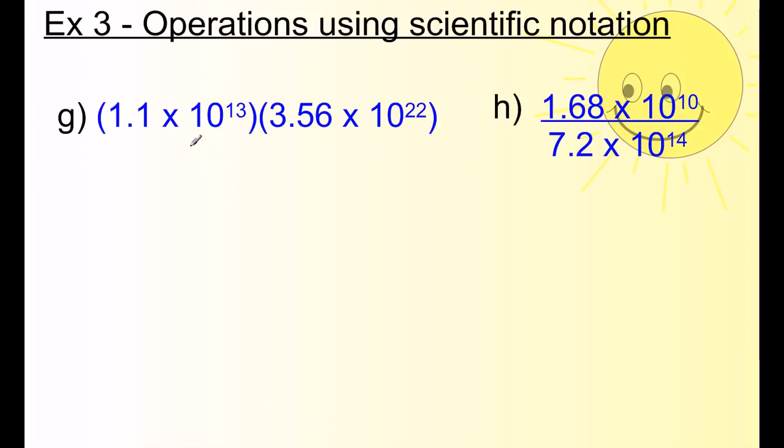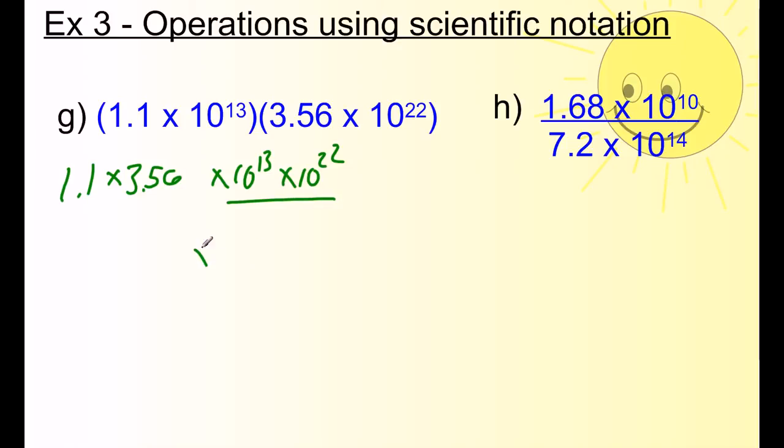Okie dokie. So first one first, I'm going to do the same thing and separate the decimal parts. 1.1 times by 3.56, and the powers of 10. 10 to the 13 times by 10 to the 22nd. That gives me times by 10 to the 35th power, which is huge.